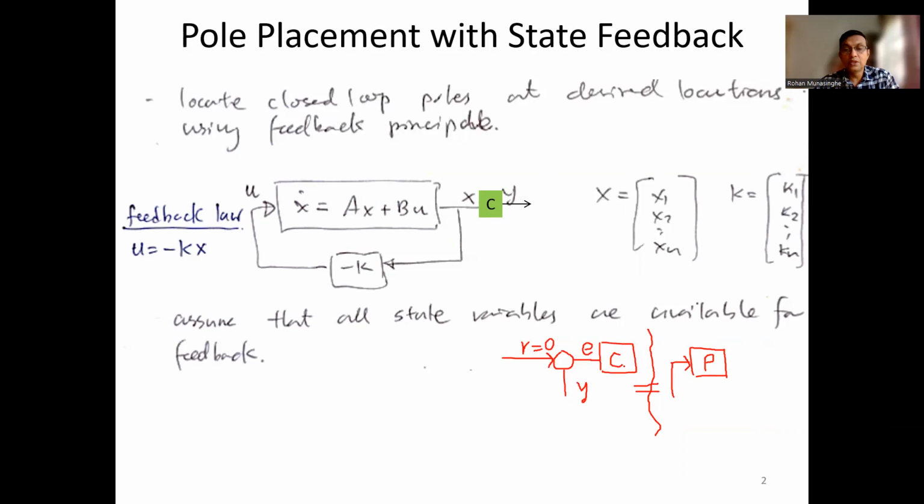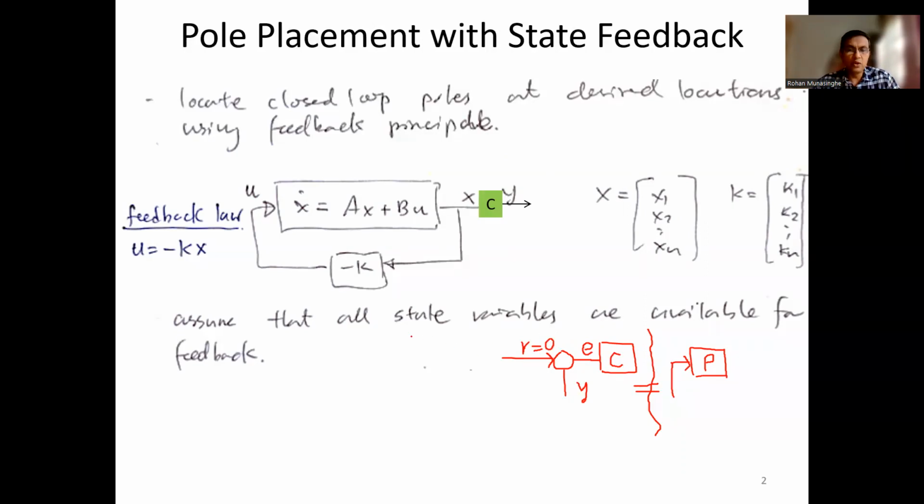And also there's no controller, right? You get this signal directly as the error goes to 0. The moment you set R equals 0, your reference is 0. So therefore, the whole purpose of the control system is to make sure that all the state variables go to 0.